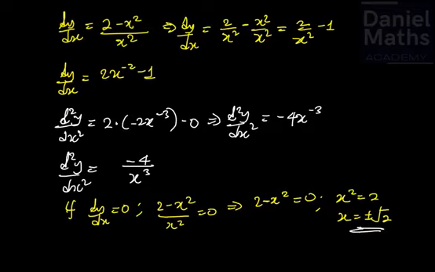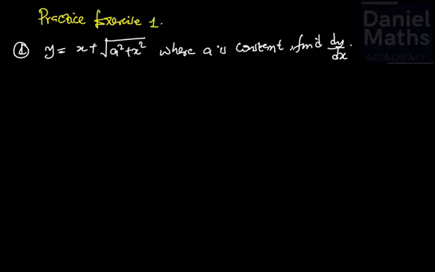Now, let's go ahead and we'll have this practice exercise here for you guys to use. Alright, the second one says that y is equal to cos of 1 over x. So find this.